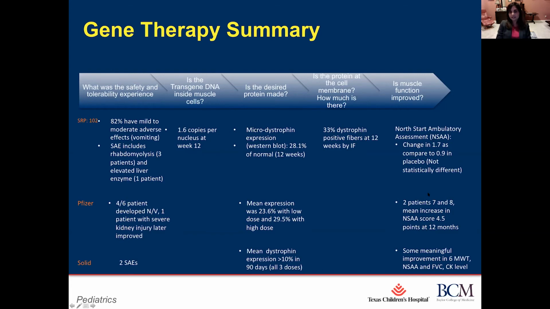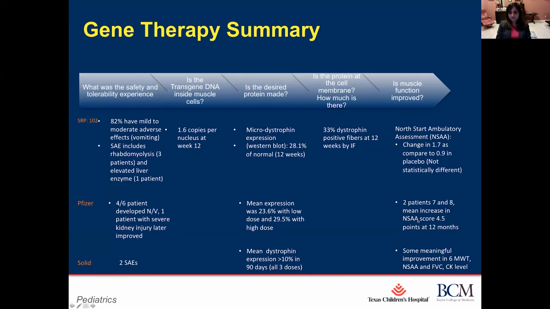And the dystrophin expression is also low, and they think that there is a problem in the randomization. The patients who are 4 to 5 years old have improvement up to 4.5, but patients who are 6 to 7 years old have only 1.7. So you can see that patients who are less than 6 continue to improve in their NSA score, but after 6.3 years or 7, they start declining.